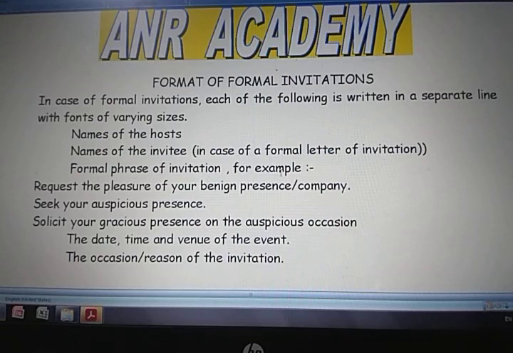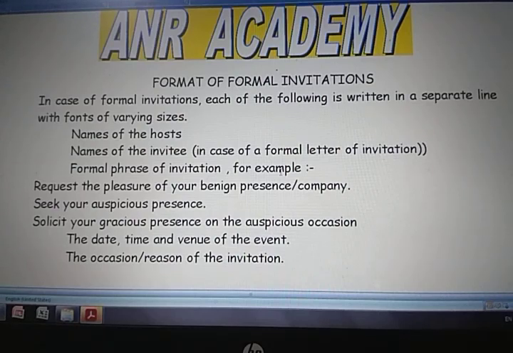So when we write a formal invitation, we understand it better. Clear? Next, you should mention the date. Date means what? The date on which the presence of the invitee is requested. Time, venue. This is also very, very important.